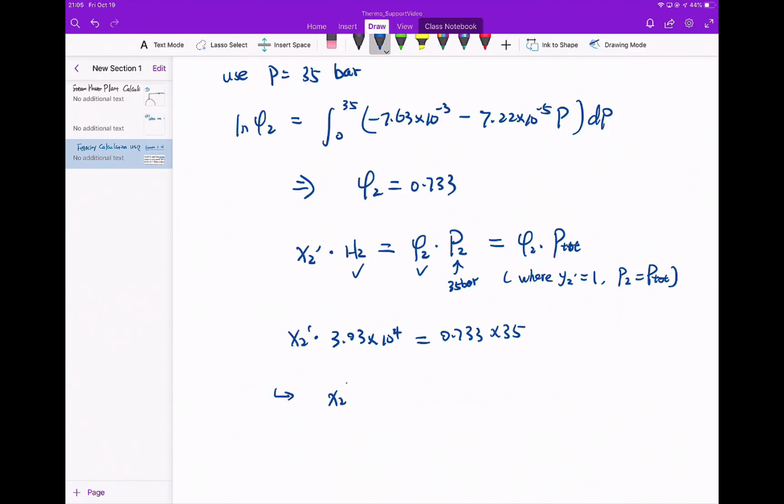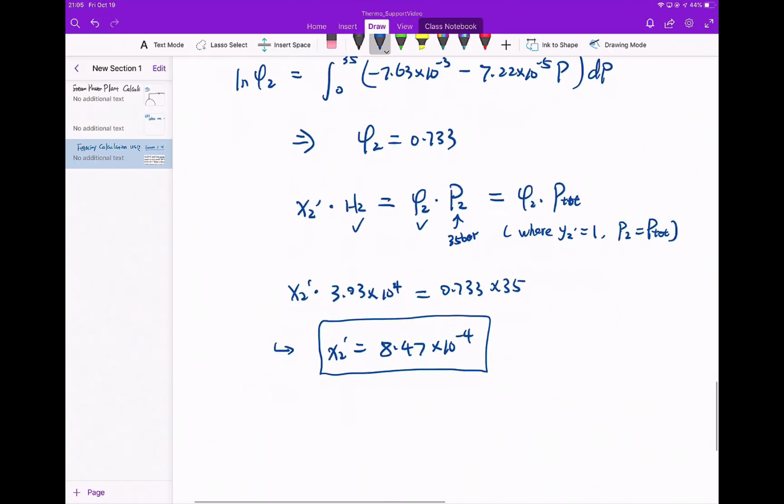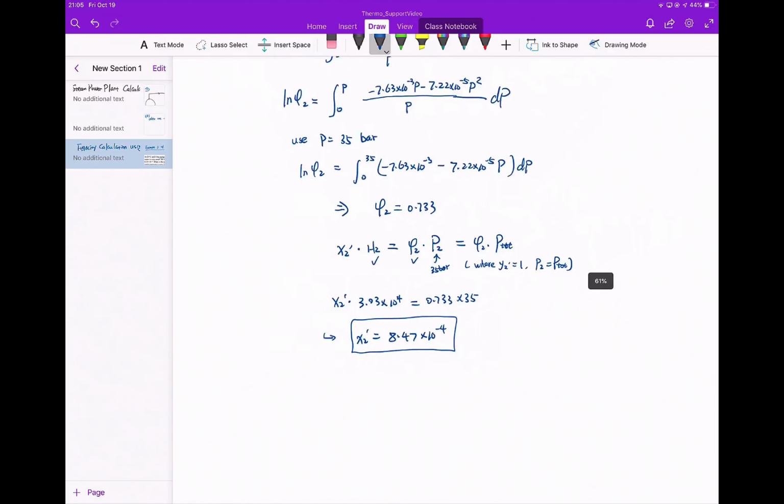So there I could have x2 prime. The new solubility is about 8.47 times 10 to the minus 4. Still reasonably low, so this is why we are using Henry's law for the fugacity or the solubility calculation.